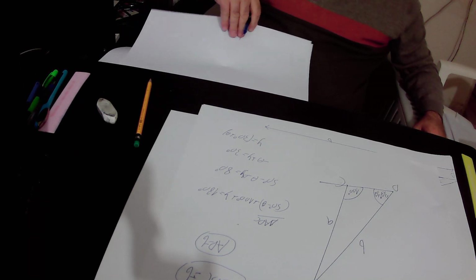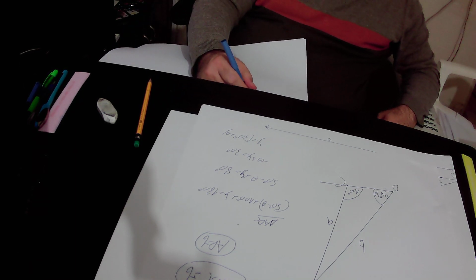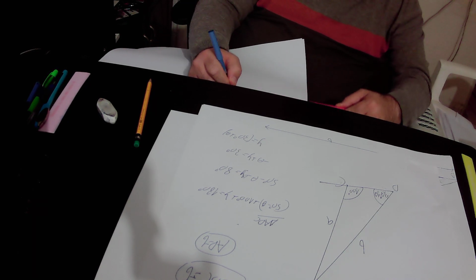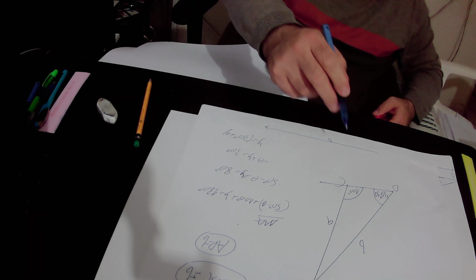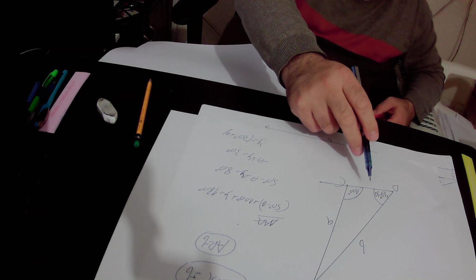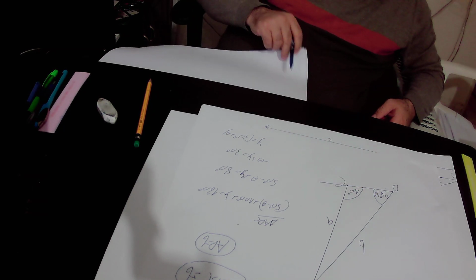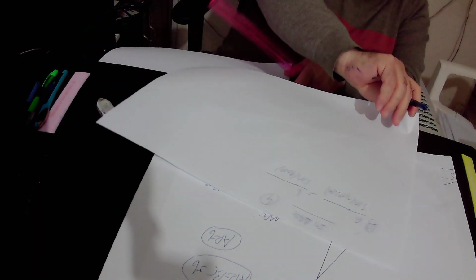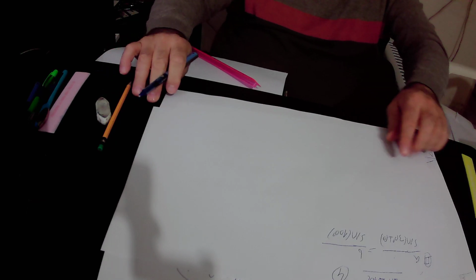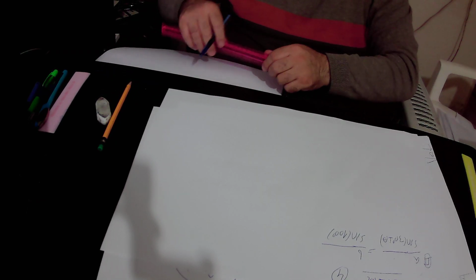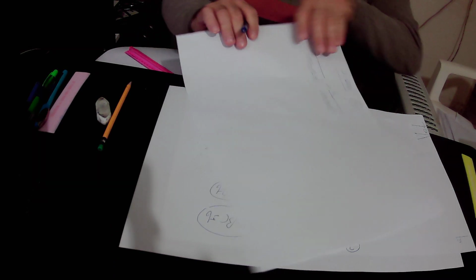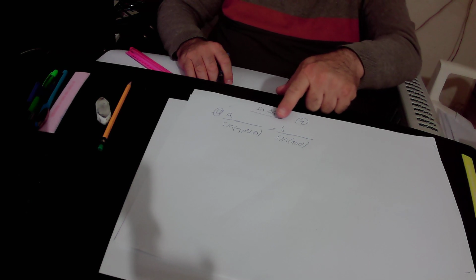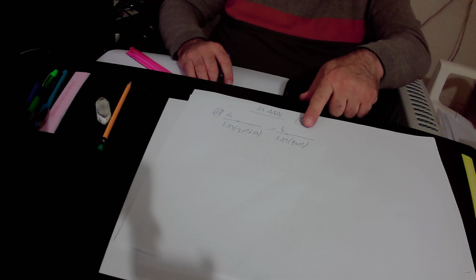I'll repeat again. In triangle ADC, A over sine 30 degrees plus theta equals B over sine 100 degrees.